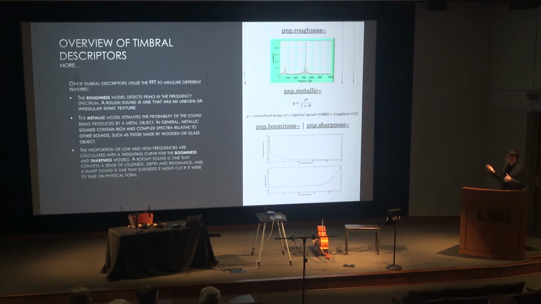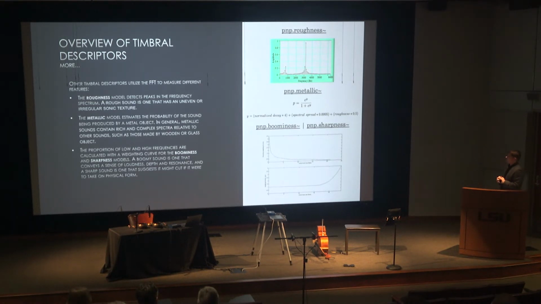For the metallic model, this one estimates the probability of the sound being produced by a metallic object. For this one, we're just calculating probability, where P is our probability, and Y is the regression calculated using three specific different metrics. It's suggested by a lot of researchers that these three metrics correlate highly to metallic sounds, which are rich and have complex overtones.